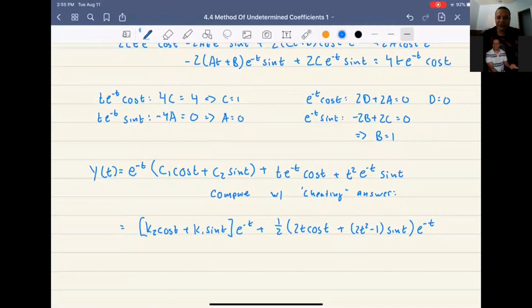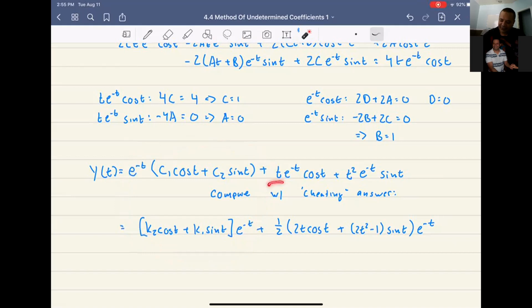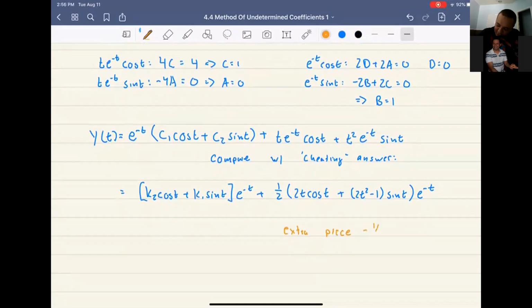Okay, so this part is the same. t e to the negative t cosine t, that's this, right? t squared e to the negative t sine t, this 1/2 divides that 2, and then we have this thing. So what's extra? We have this extra piece of negative 1/2 e to the negative t sine t.